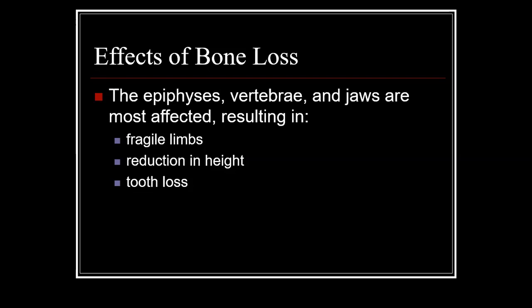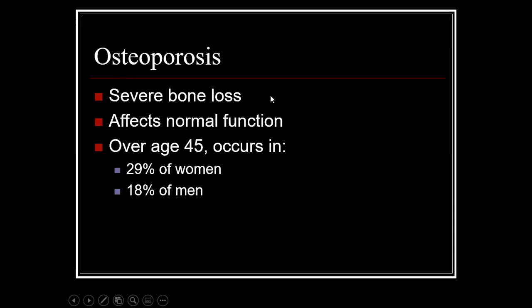When she walked, her head was facing straight down, so she would have to turn her head sideways and up to be able to look at you. Oh, that poor lady. And then eventually she was bedridden with dementia and finally passed. Her body held on a lot longer than we expected it to. Anyway, so reduction in height and then tooth loss as well.